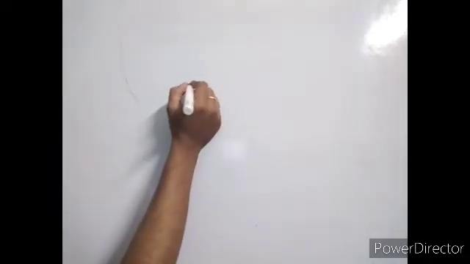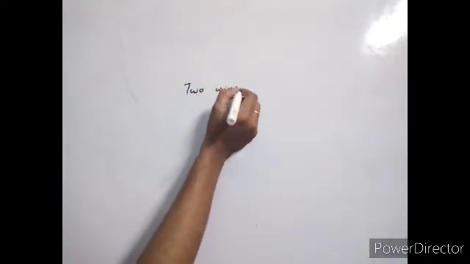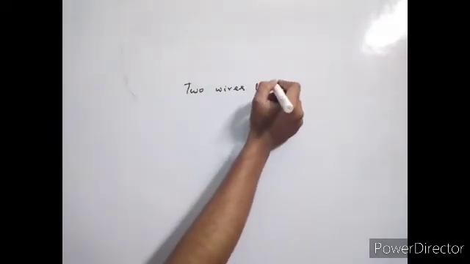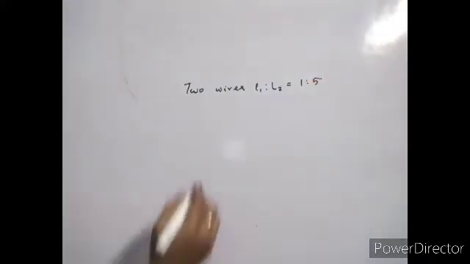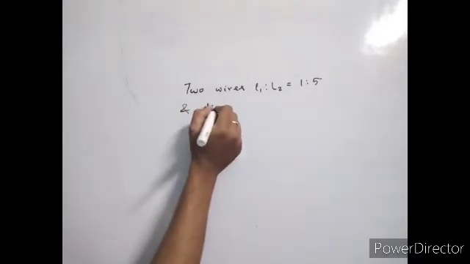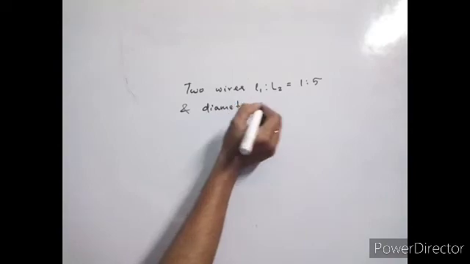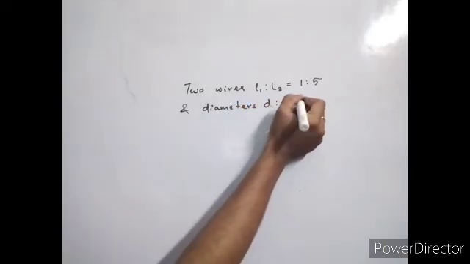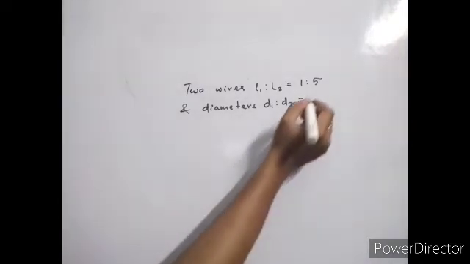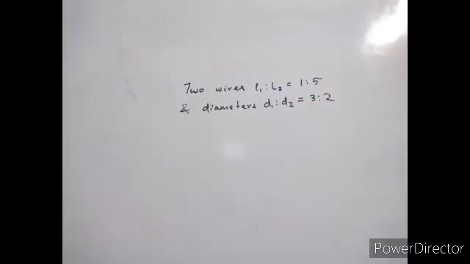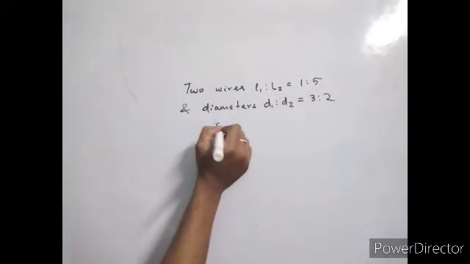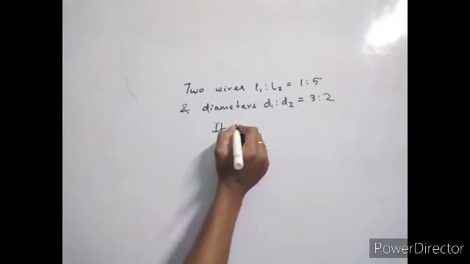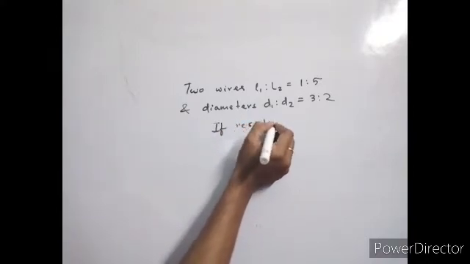In another type of problem, we just calculate the ratio of the resistance. So there are two wires, and the ratio of the lengths is given to be 1:5. The ratio of their diameters, d1 to d2, the first wire with respect to the second wire, is 3:2.